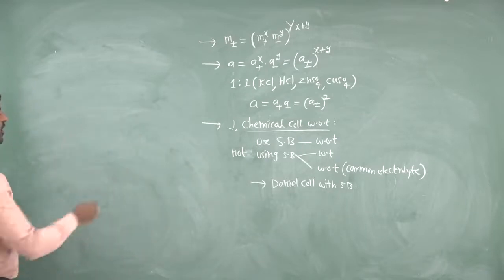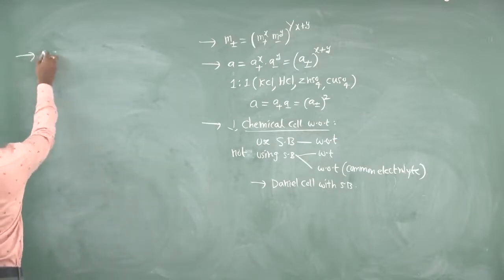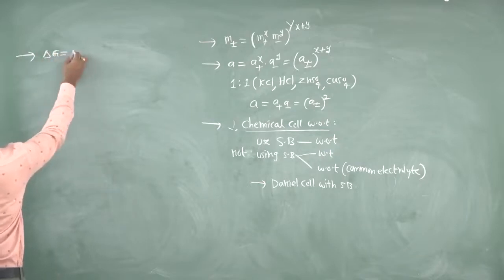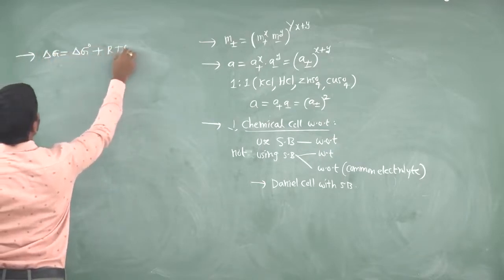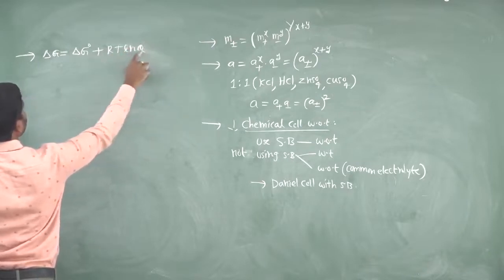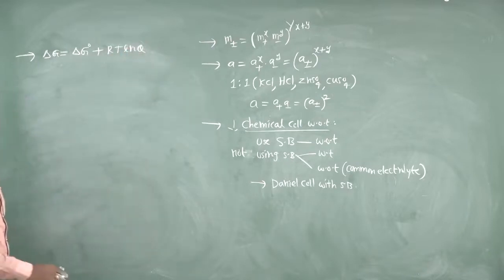What is the Nernst equation? This is the equation we have: delta G is equal to delta G naught plus RT ln Q, where Q is called the reaction quotient.